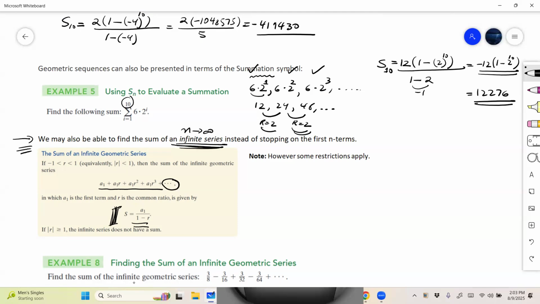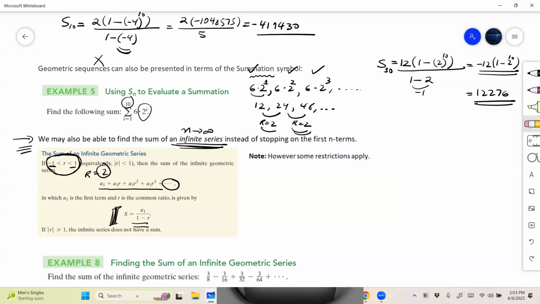This is only the formula if and only if this is the case. You have to check. So the ratio has to be less than 1 and greater than -1. So for example, if I have a ratio of 2, like in the previous two cases, this is a ratio of 2, and this one had a ratio of -4, that doesn't apply, because then the sum would go toward either positive infinity or negative infinity.